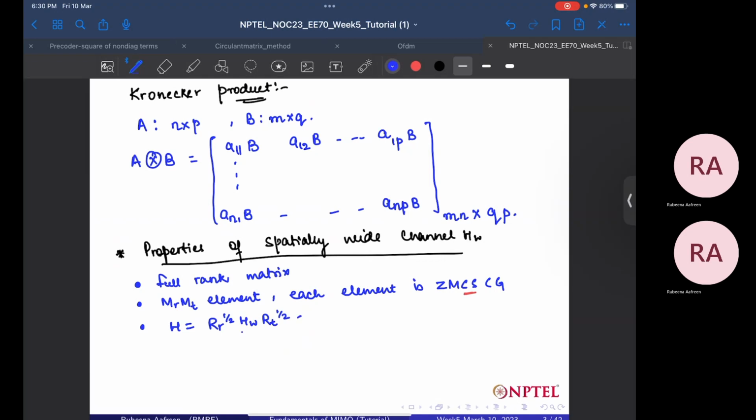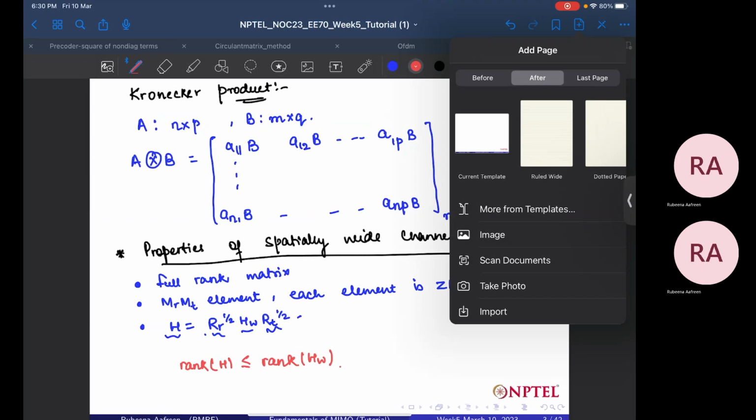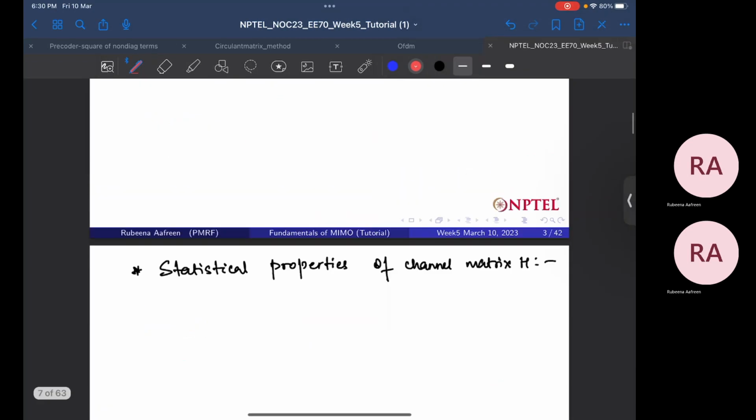So from here, this is full rank, but now the rank of H depends upon the rank of RR and RT, right? So always the rank of H would be less than or equal to the rank of HW. Okay. So this is one thing.